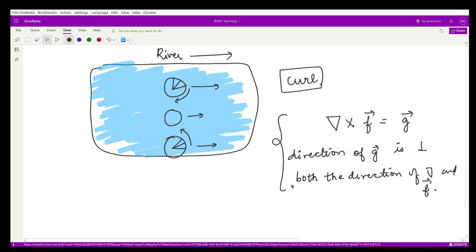So this is what you mean by calculating or taking the curl of some vector quantity.